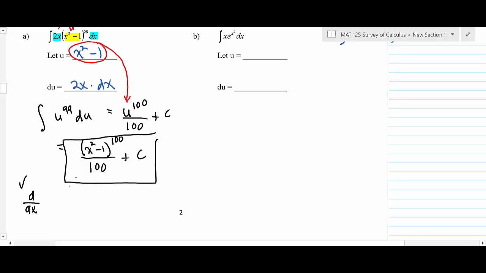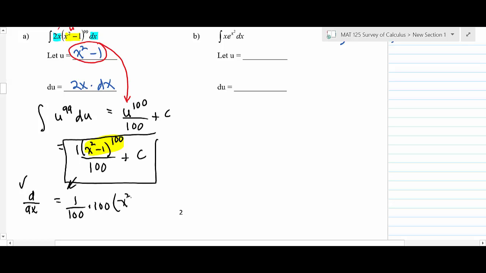Now let's go ahead and check and see if we're right. Let's do the derivative of this. How would you do the derivative of this answer? Just do the chain rule, right? You have a constant right here, 1 over 100, so you would just write the constant down. And when you do the derivative of this piece that I'm highlighting, what are you going to do? You're going to bring the 100 down, right?